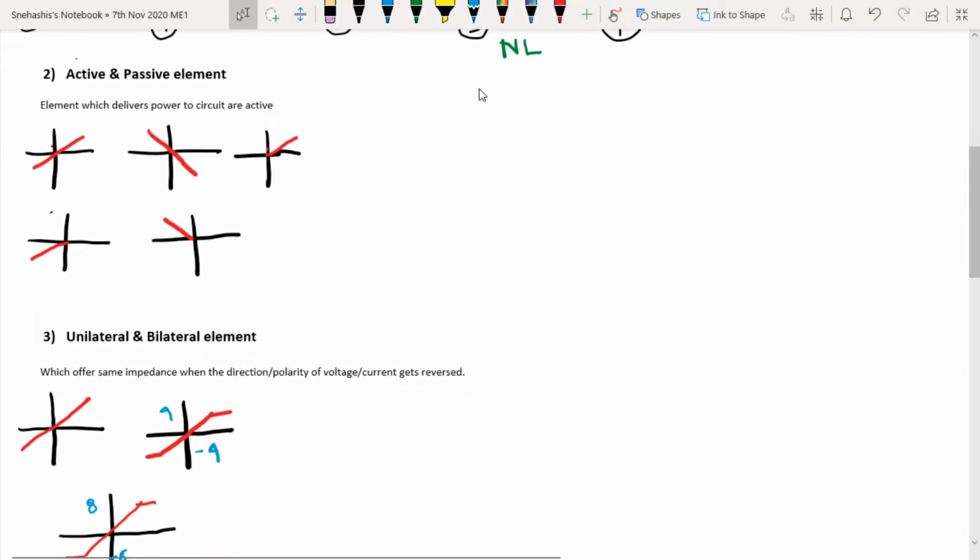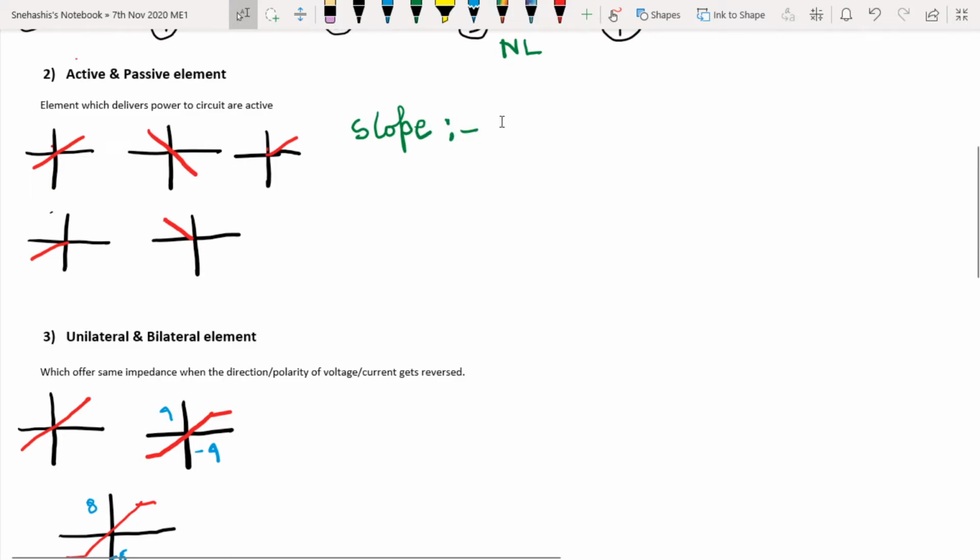I mean to say, second category of classification based on the delivery of power. So an element which delivers power to circuit, they are called as active elements, and those elements who cannot deliver power to circuit, they are known as passive elements. Okay. For active element, you have to remember one thing: the slope. It may not be a straight line, may be a straight line, it may be linear, it may be non-linear.